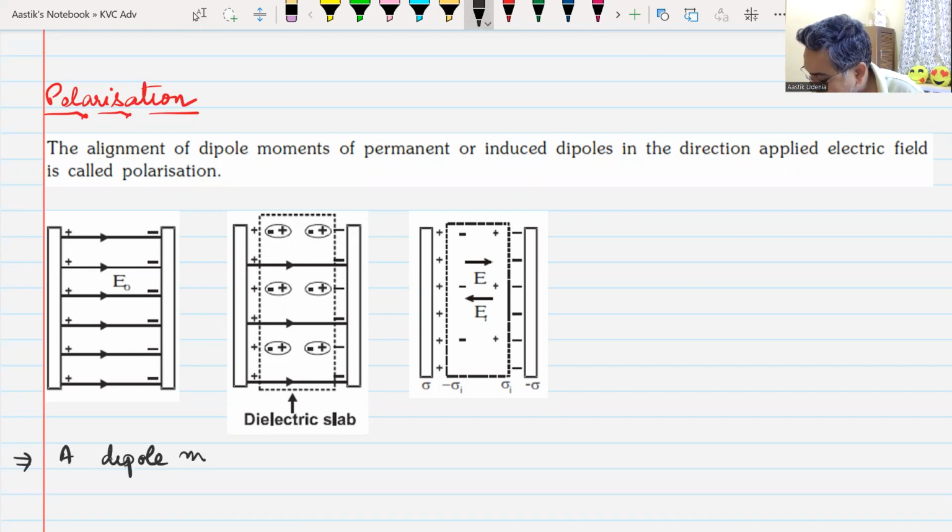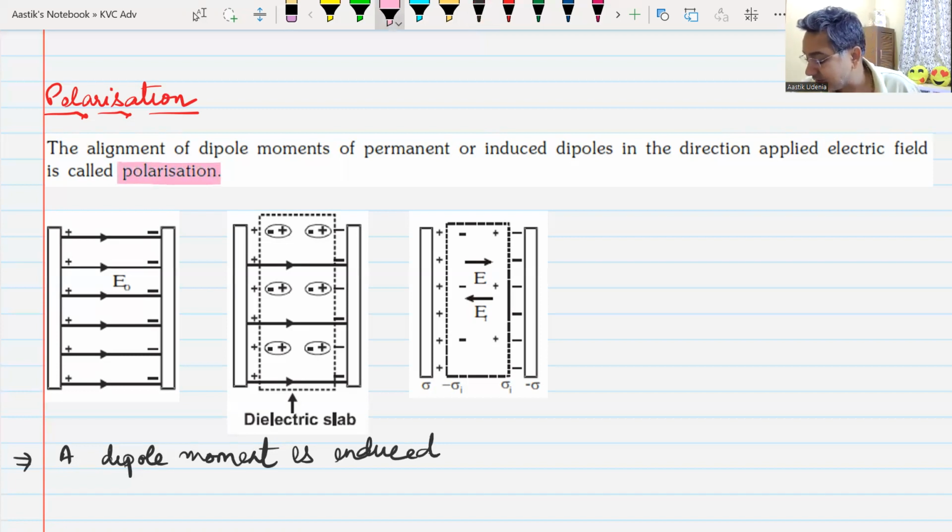This phenomenon is known as polarization. Do we understand this? Yes, sir. I'll give you 2 minutes to note it down. Do it fast.